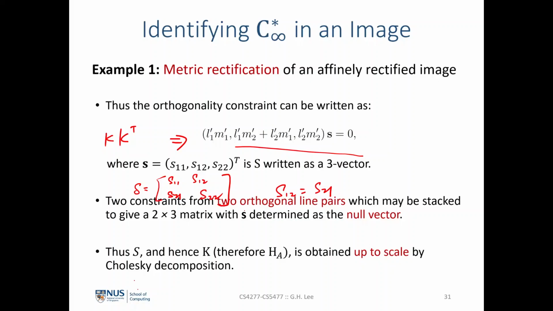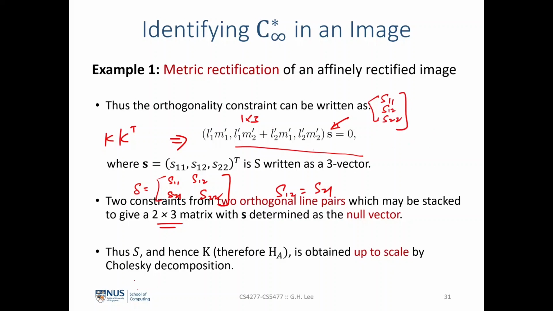2 constraints here from 2 orthogonal pairs of lines can be stacked together to give us a 2 by 3 matrix. This guy here is a 1 by 3 vector transpose, and this S here can be rewritten as S11, S12, and S22. So this will give us 1 constraint.